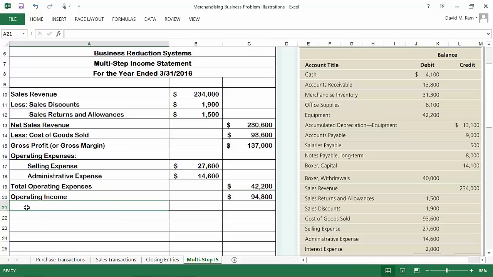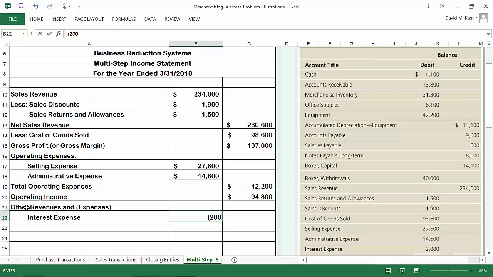Okay, now when we think about it, we could have other sources of revenue or other expenses that we incurred outside our primary goal of selling a product for a profit. So we may have an other revenues and expenses section. Okay, and in this case we can see that we have interest expense, and that is $2,000.